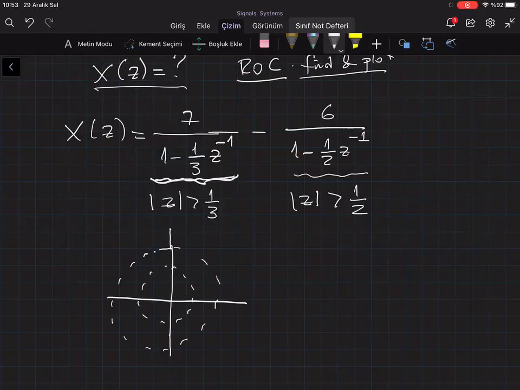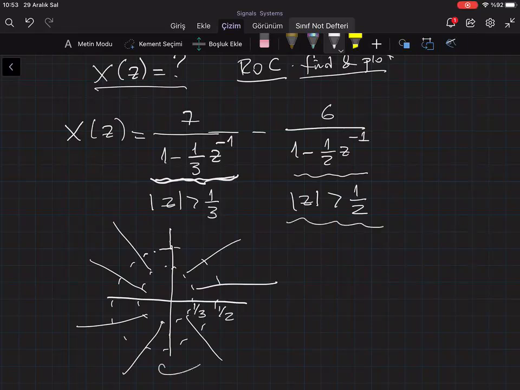Then both are right-sided. Right-sided means going up. So let's say this is 1 over 2, 1 over 3. And the other one, this one, is going to be here.